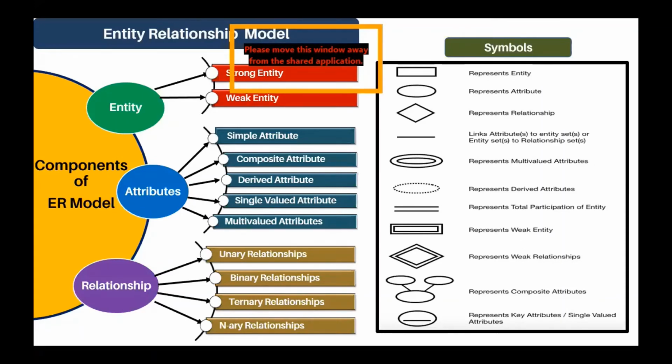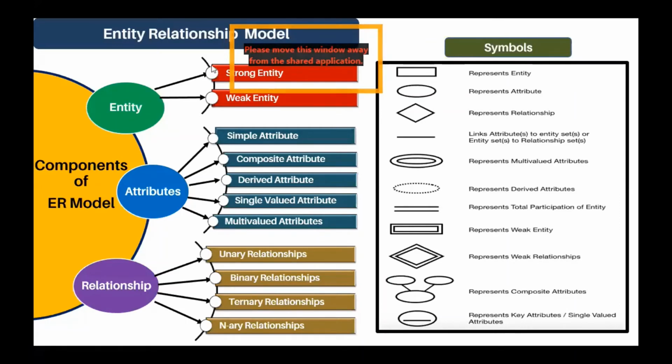There are various types of attributes: simple, composite, derived, single valued, and multi-valued attribute. Simple attributes are the normal attributes, like suppose your student ID; it is a simple attribute. It has a single value. A composite attribute is, suppose, your name, which can be divided into first name, middle name, last name. So that becomes your composite. Composite means you can divide that attribute into multiple parts.